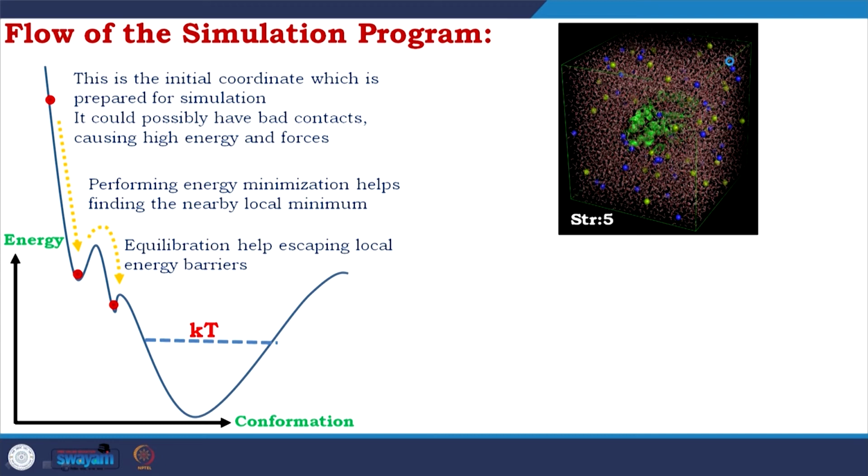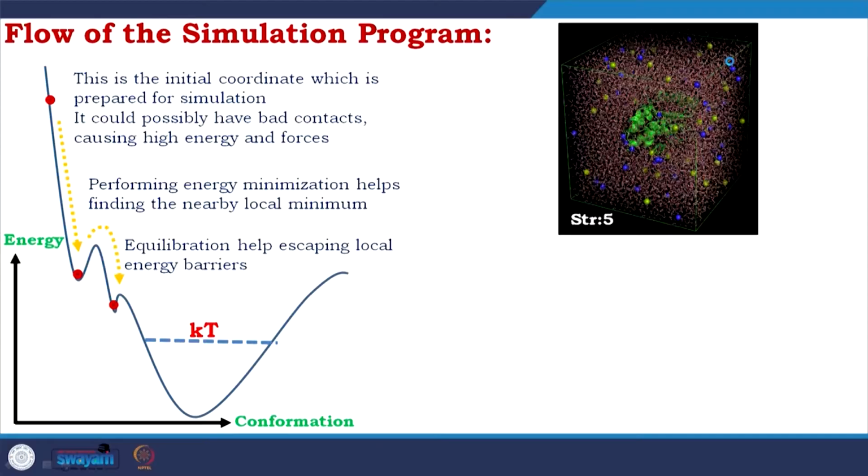Now, these ensembles would be used to equilibrate the sample to escape the local energy barrier. Then from there we will come near to the global minimum, right, and this would be done by the classical simulation samples. We will get the thermally accessible states.